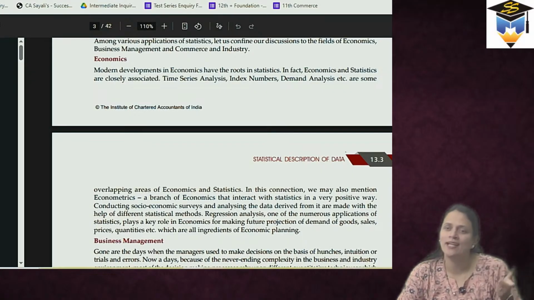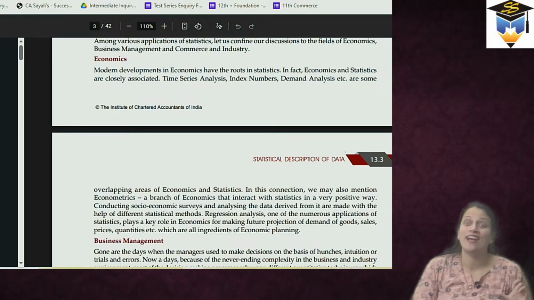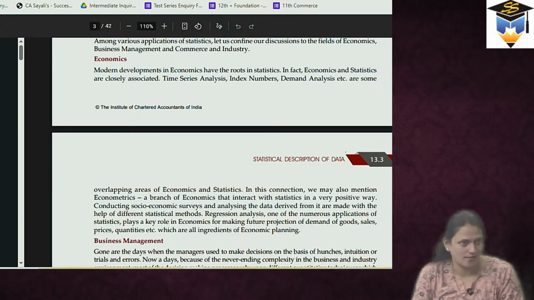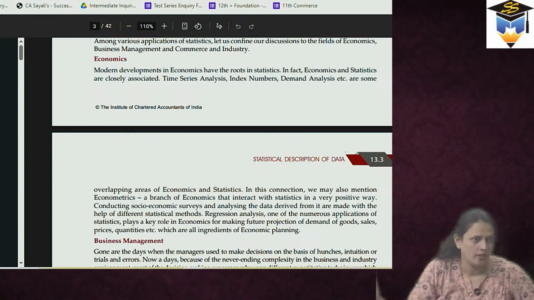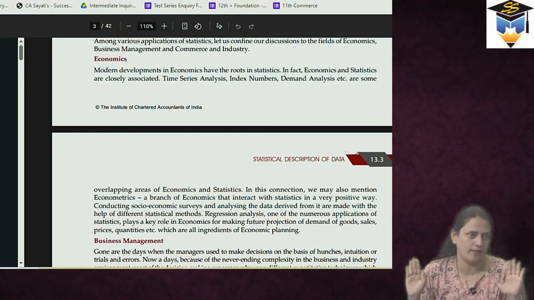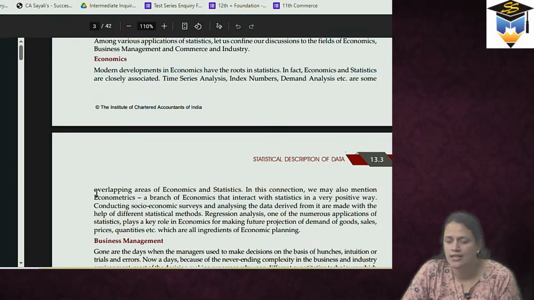Because the demand and supply ratio will change during that period. We have all seen that the demand for vaccination increased, but the supply was less. So you have to consider a base year which is normal and uneventful, in which normal conditions prevail. Understood?